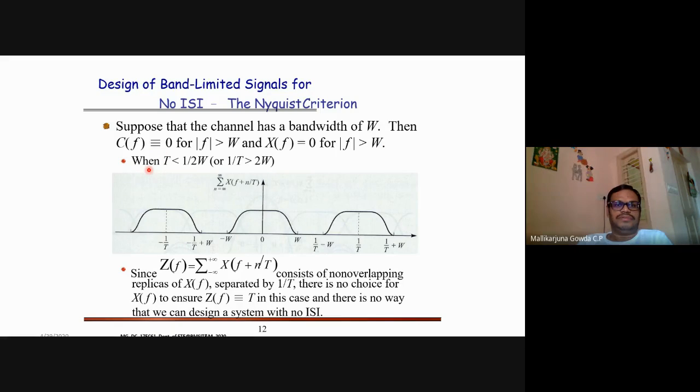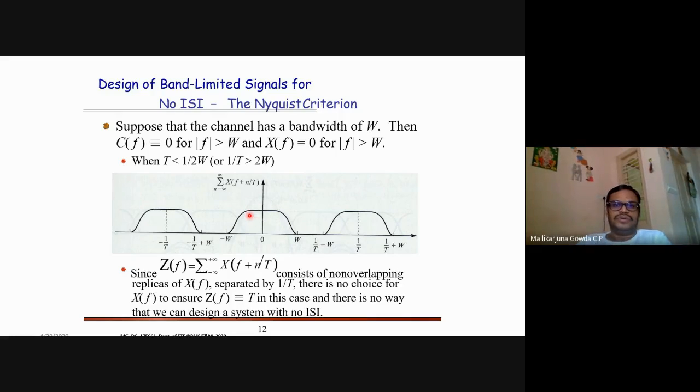So when t is less than 1 by 2W, or 1 by t is greater than 2W, t is the interval and 1 by t is the bit rate or symbol rate, which is greater than 2W. 2W is the bandwidth of the channel and also the bandwidth of the signal. Let us assume that this is my x of f, and this is my c of f also. X of f and c of f are both the same.